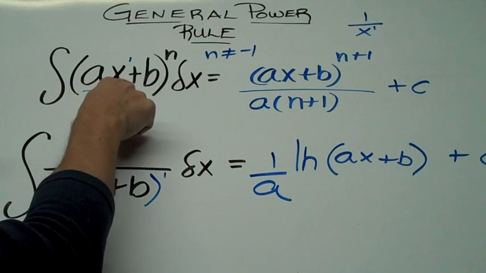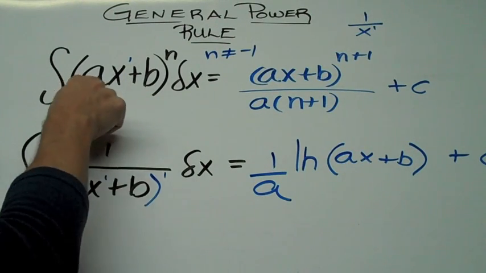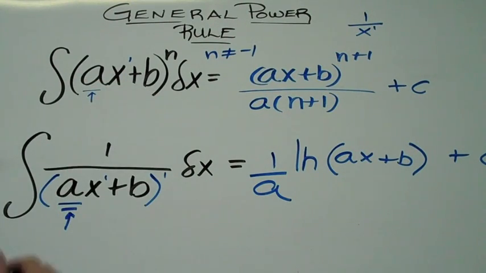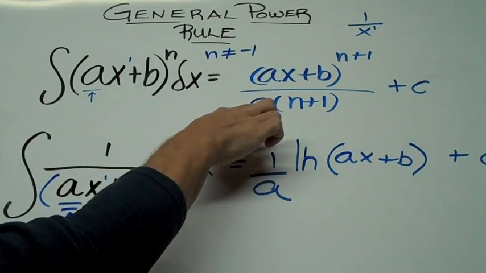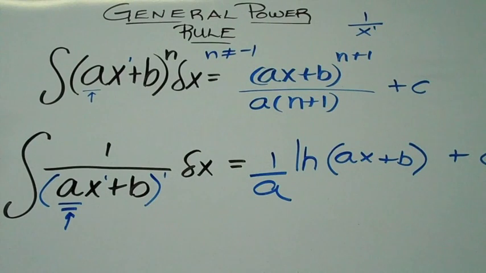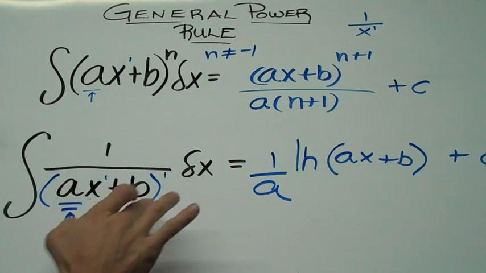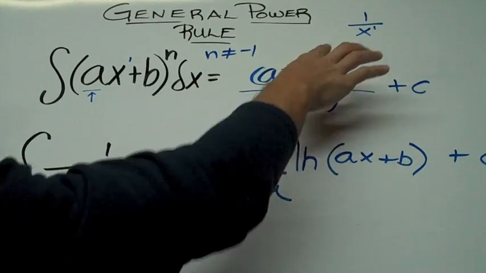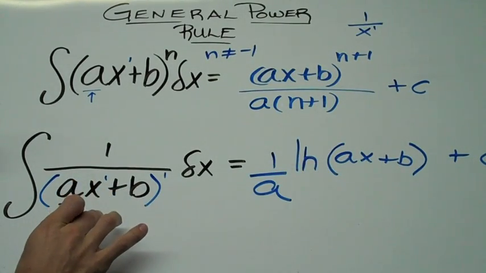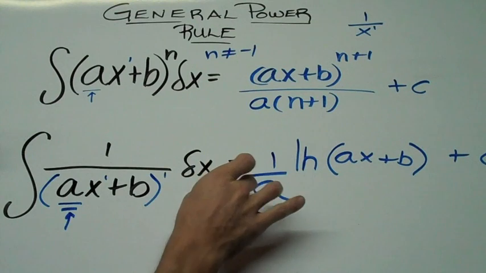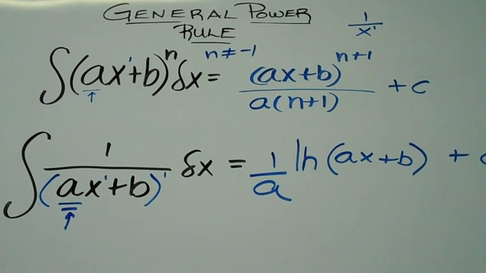When you have ax + b in the parentheses raised to some other power, provided it's not negative 1, then you use this rule. Remember, we have to divide not only by n + 1, but multiply that by a. And here, you have to recognize that this is sort of like 1 over x. That's going to give us natural log of whatever's in parentheses times 1 over the coefficient of the x.